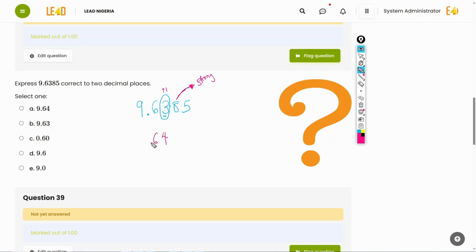I just read it backwards. It's actually 9.46. And then all this digit this way becomes 0. So the answer is basically 9.64. 9.64 is option A.